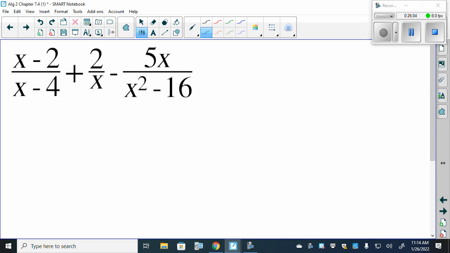Now, what we're going to want to do first is just get the 3 denominators to be the same, yes? And we're going to do that by factoring each of the denominators and then multiplying each one by the terms that we need to get them to be the same, yes?